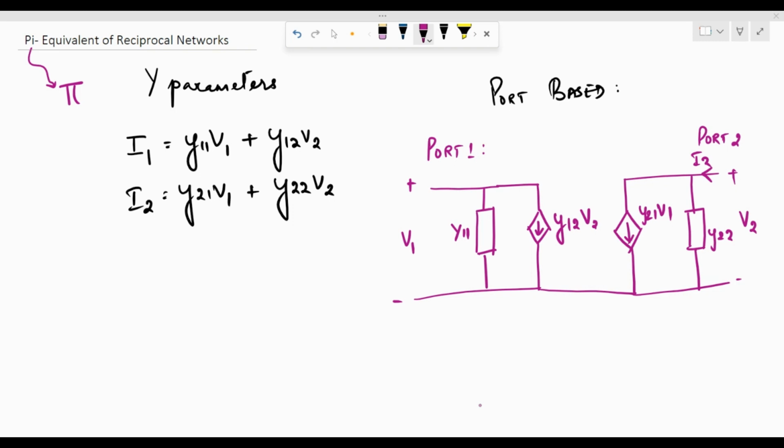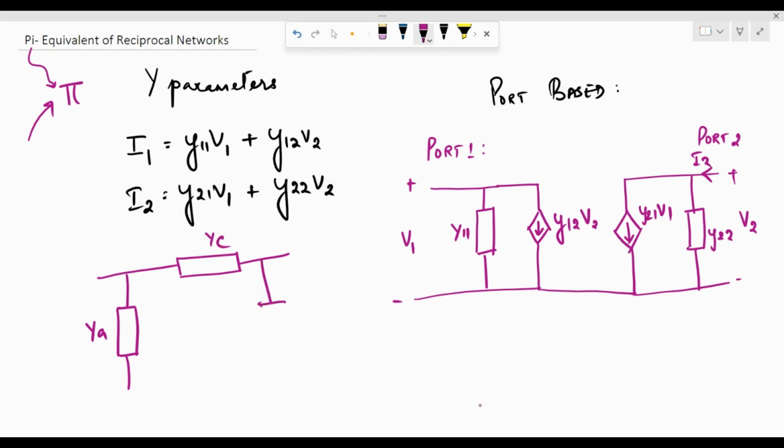Now we are supposed to replace this network with another configuration that assumes the shape of a pi, the symbol pi. So it's supposed to look like this. So here we'll have, say, YA. Here we'll have YC.